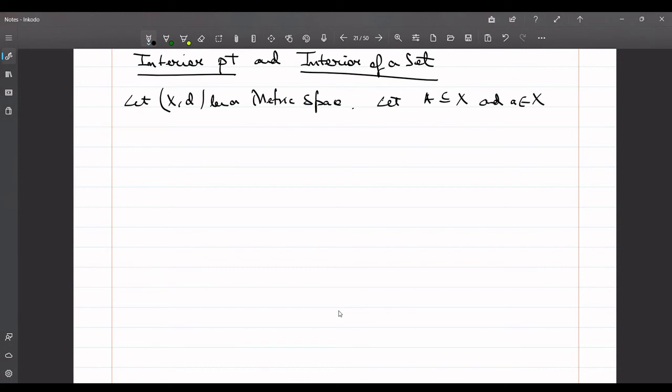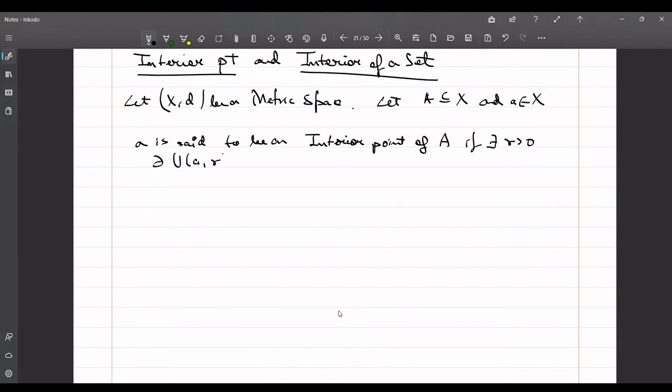Now, by definition, a is said to be an interior point of A if there exists some positive real number r such that the open ball centered at a with radius r is completely contained in A. This is the definition of an interior point.